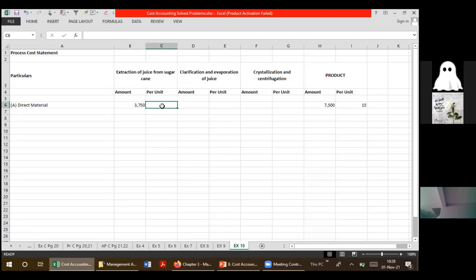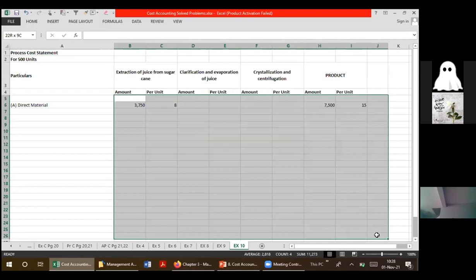for the first process. So what will be the per unit cost here then? That will also be 50% of this. So should be 7.5 for 500 units. Let's write here for your reference. So 500 units here.